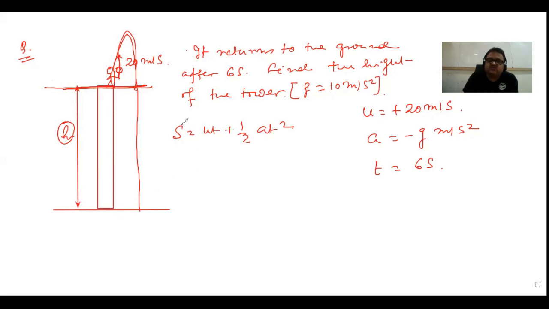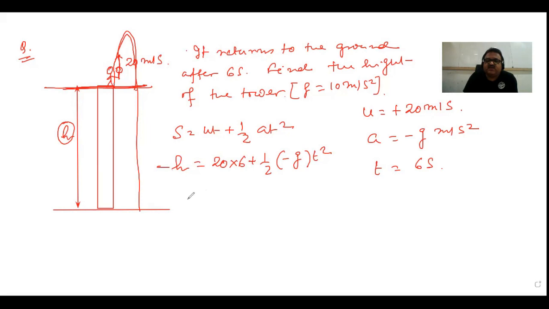So we need to replace this s by minus of h. u is what? 20. What is the value of t given? 6, plus half. What is the value of a? That is minus g into t square.